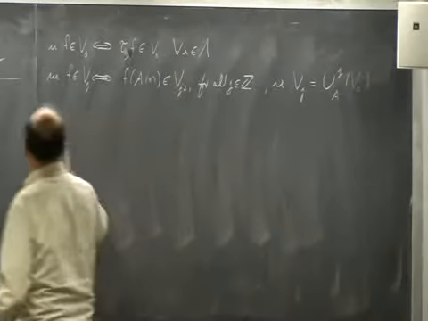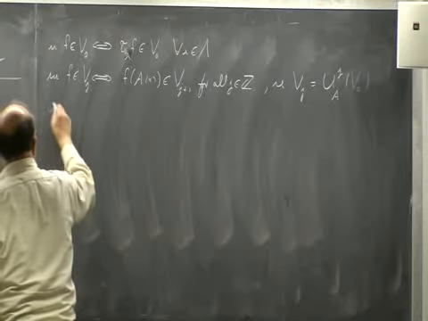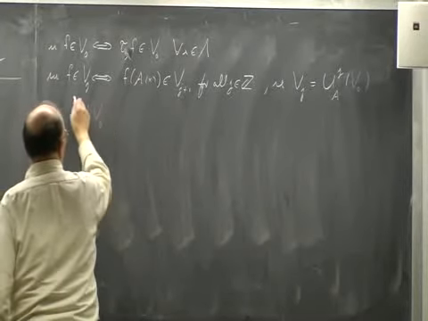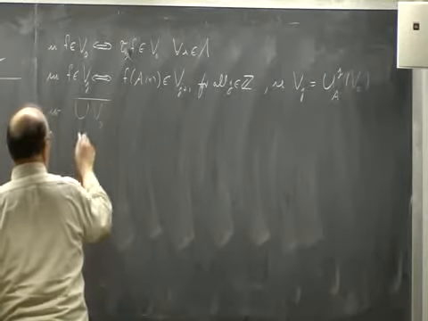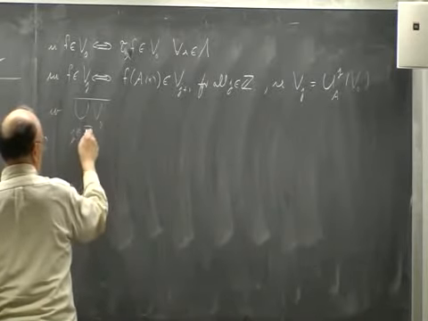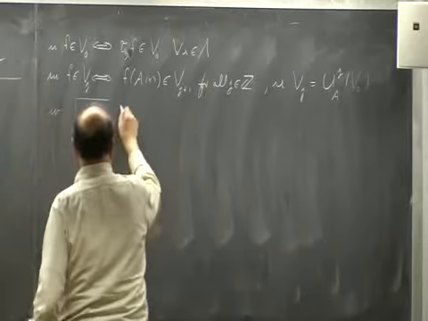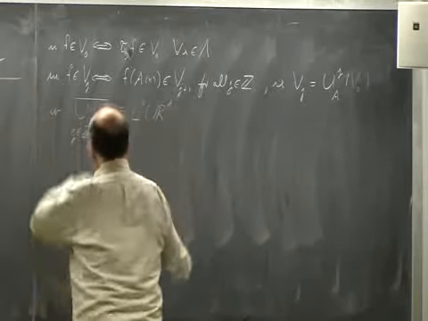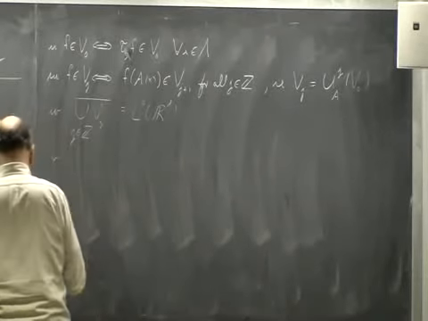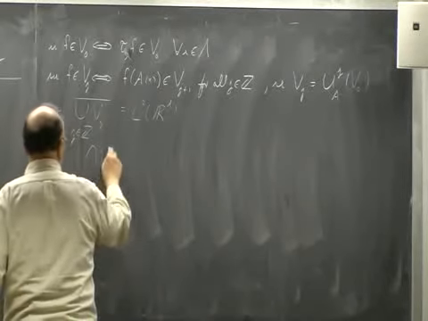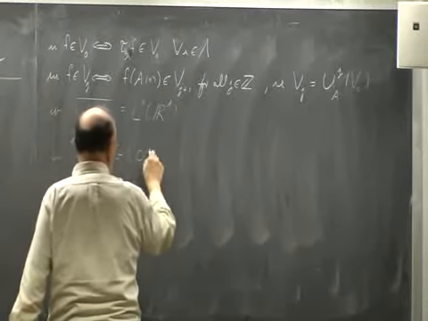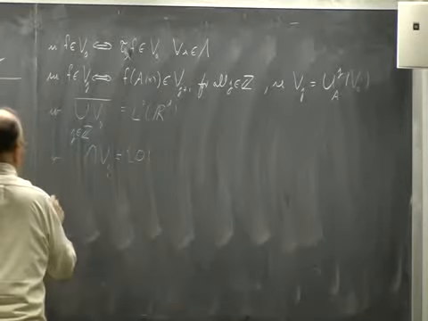And then 4, the union of the VJ's, closure, as J runs through all the integers, is L2 of R^d. And 5, the intersection of the VJ's is equal to the 0 function in L2.